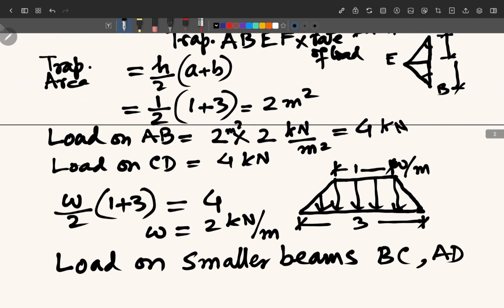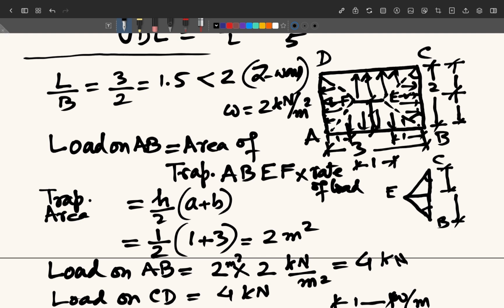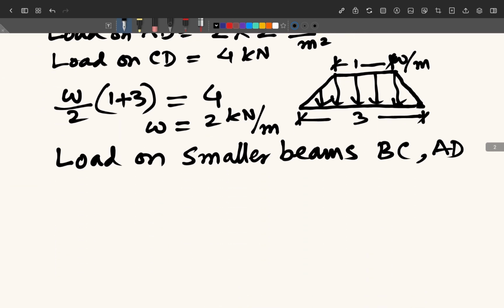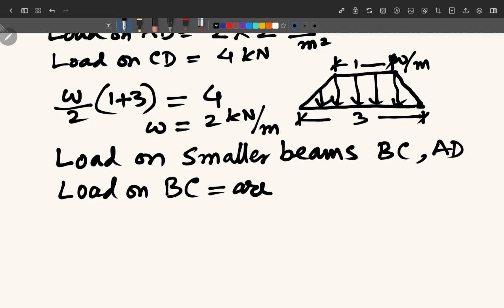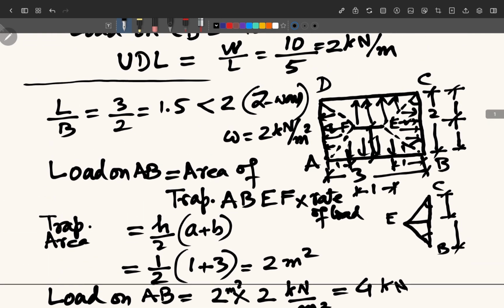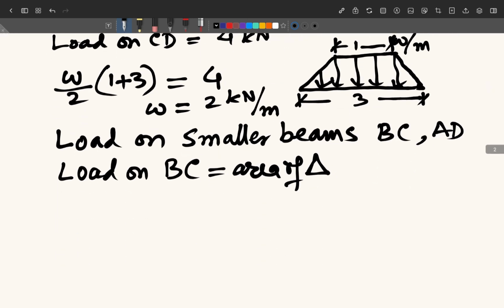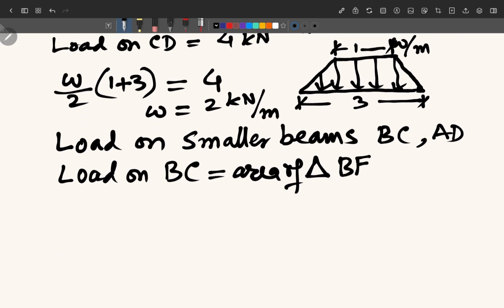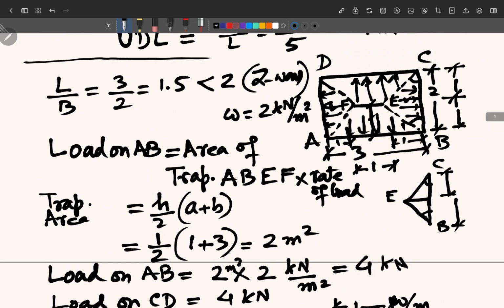When we look at BC, we have the triangle BEC, so load on BC is equal to the area of triangle BEC multiplied by the rate of load.